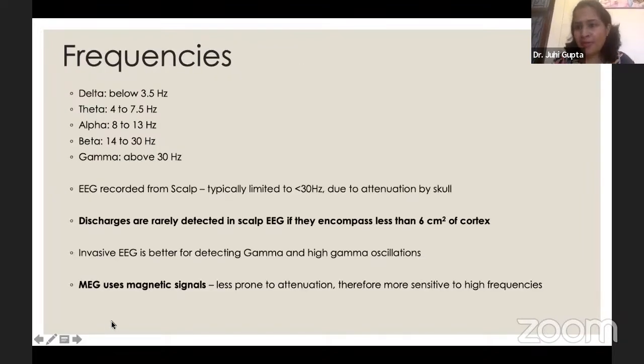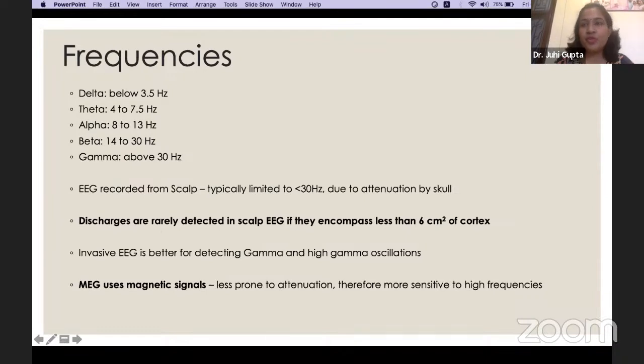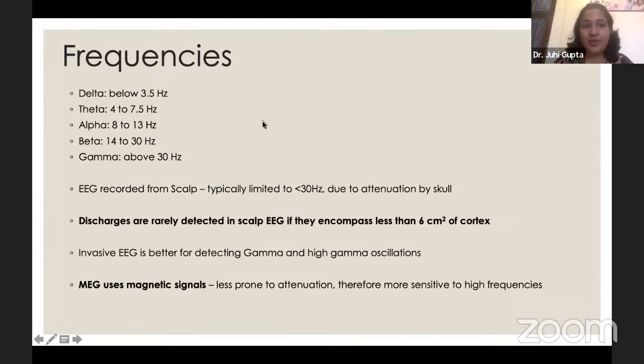So what are the common frequencies that we see in EEG? We see delta below 3.5, theta which is 4 to 7.5, alpha 8 to 13, beta 14 to 30, and gamma above 30 hertz. So typically the EEG that we are recording is limited to less than 30 hertz due to attenuation by the skull bone, and discharges are rarely detected if they encompass less than 6 centimeters square of the cortex.